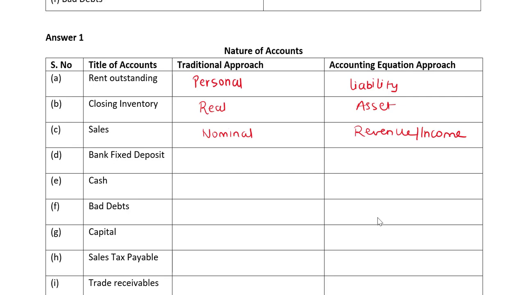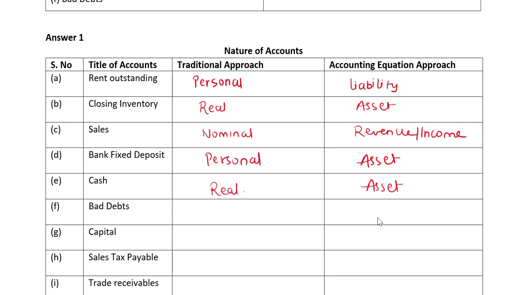So over here, fixed deposit will work as an asset and fixed deposit is personal in nature. If I talk about cash, as per accounting equation approach, the cash is asset and as per the traditional approach, the cash is real account.